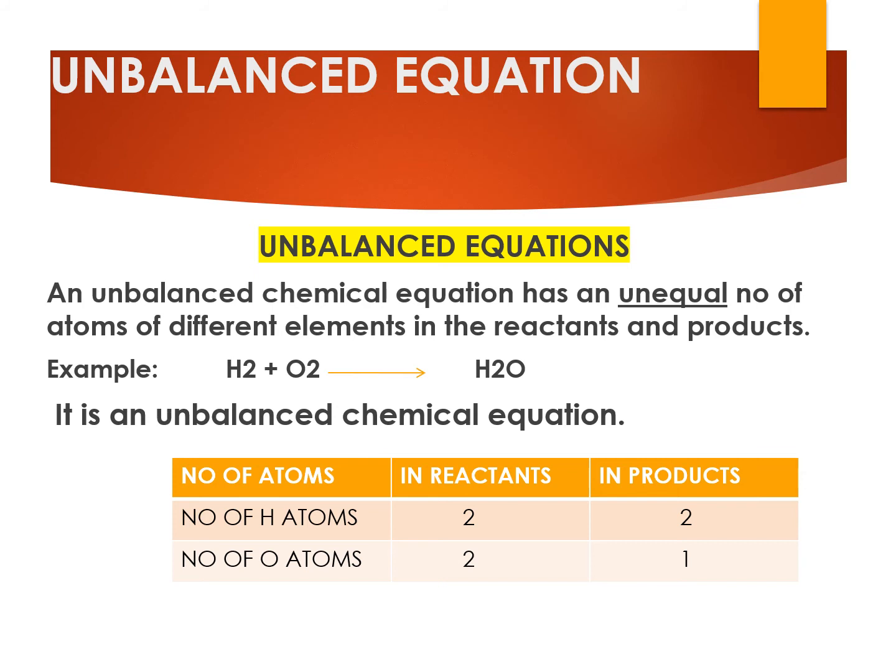The number of oxygen atoms on the reactant side is 2. The number of oxygen atoms on the product side is only 1. So though hydrogen atoms are balanced on the reactant as well as on the product side, the number of oxygen atoms is different. It is not balanced. On the reactant side it is 2 and on the product side it is 1. So that is why this equation is called an unbalanced chemical equation.